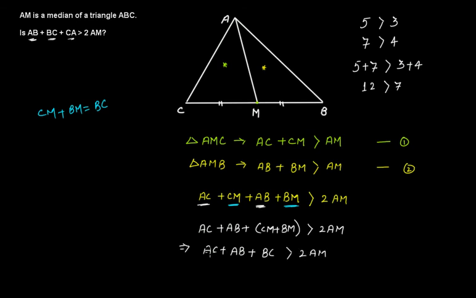If you want to write exactly like this, it's AB, then plus BC, then you have CA, CA or AC, both are the same thing. So CA, and yes, it is greater than 2AM.